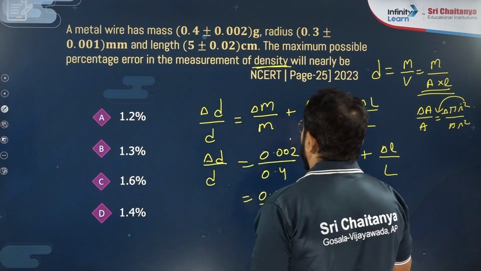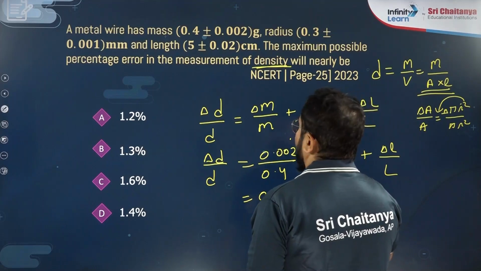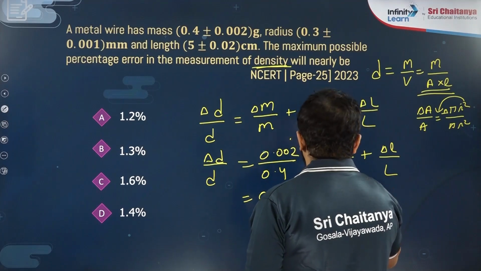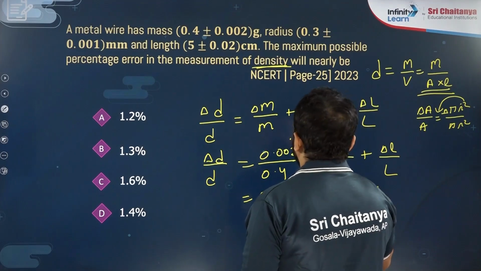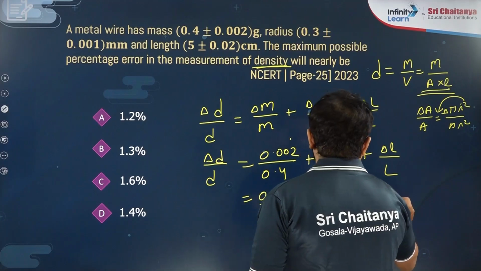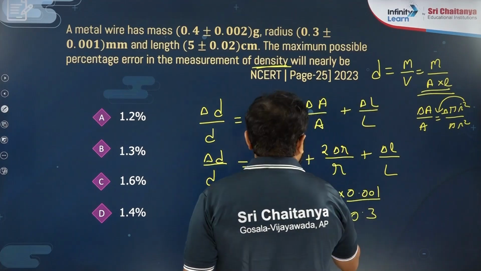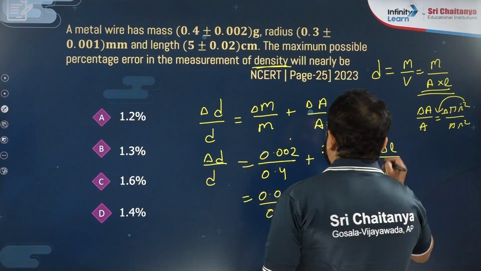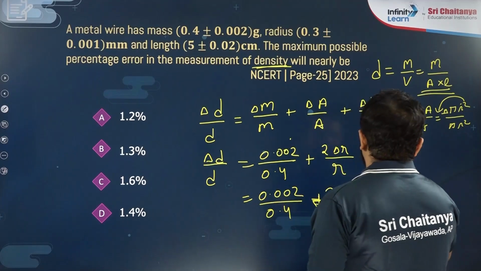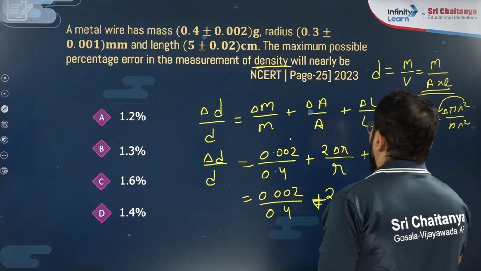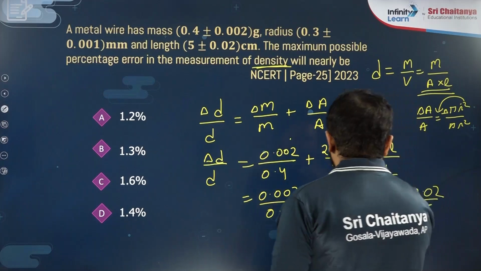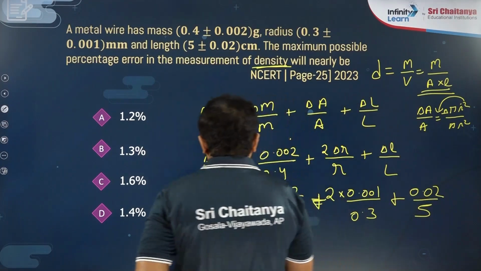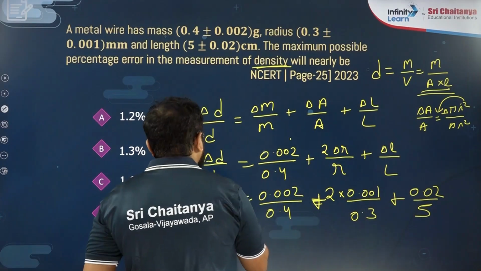Delta R is 0.001 divided by 0.3, plus delta L. What will be delta L? 0.02 divided by 5. Is this clear? Now solve this out, you will get the answer.